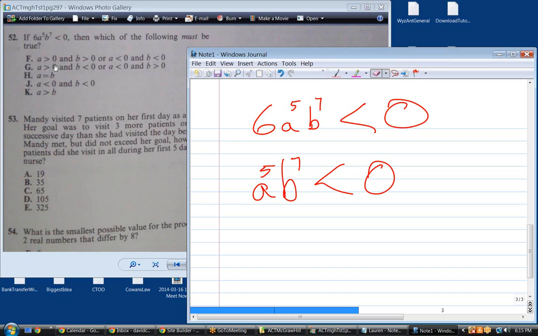If A is greater than 0 and B is less than 0, then this has to be plus times minus. That would work. Or if A is less than 0 and B is greater than 0, A to the 5th will be minus, and B to the 7th will be plus. So their product again will be minus. So G is the right answer.